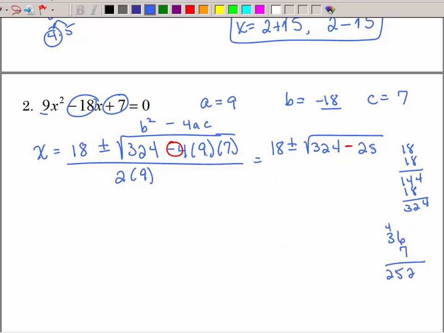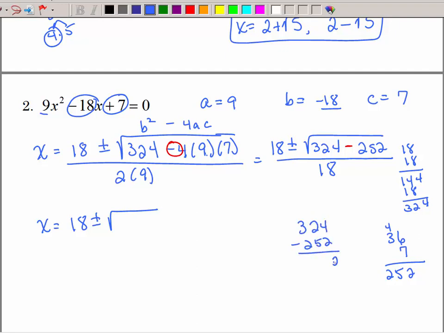So that's 252. All divided by 18. No, no, no, do not cross out those 18s. You cannot do that. So we have x equals 18 plus or minus the square root of. So I've got to go 324 minus 252. That's 72.